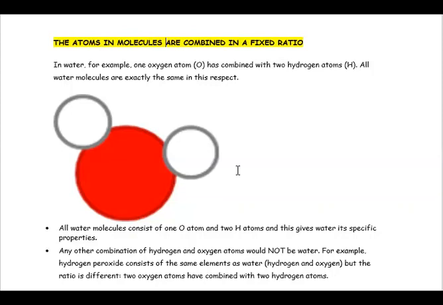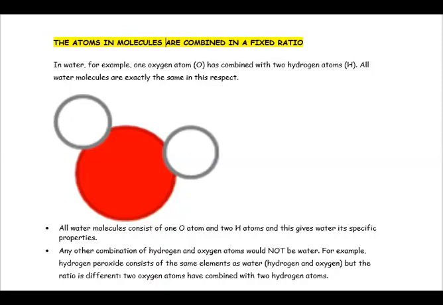It's not going to taste like a cake either. It's going to be something different. But if you use the correct amounts of each ingredient, you're going to create a perfect substance. All water molecules consist of one oxygen atom and 2 hydrogen atoms, and this gives water its specific properties. Any other combination of hydrogen and oxygen would not be water.